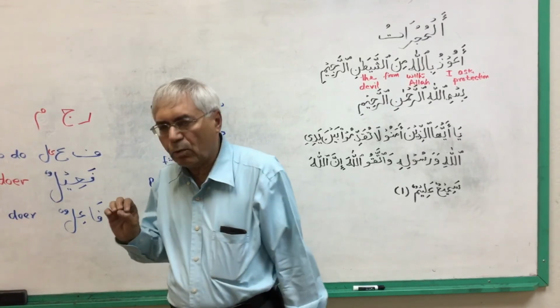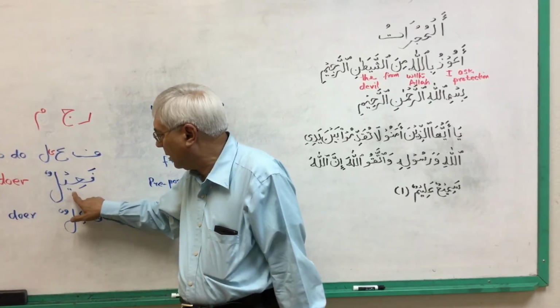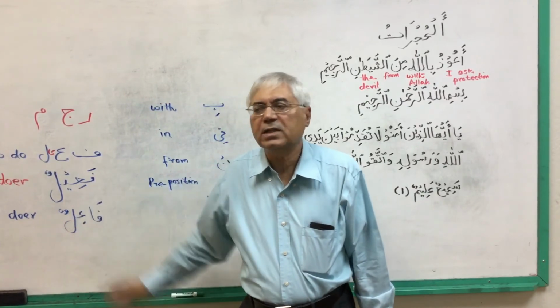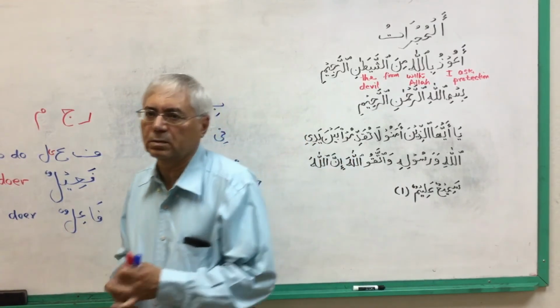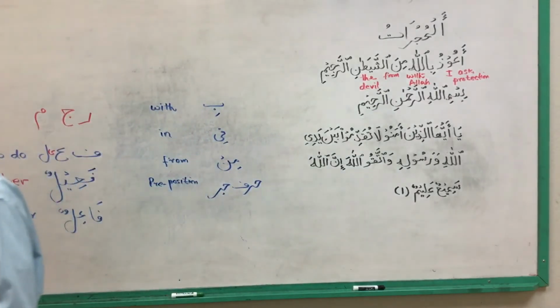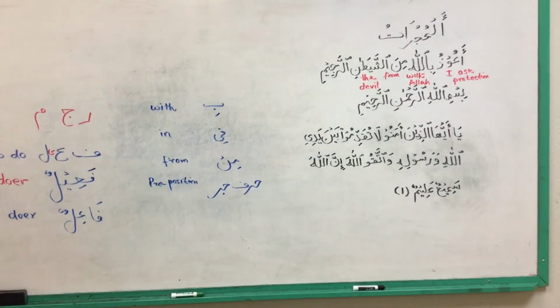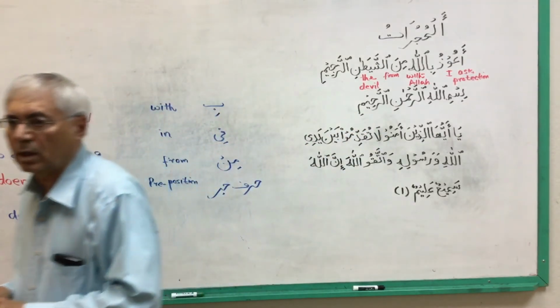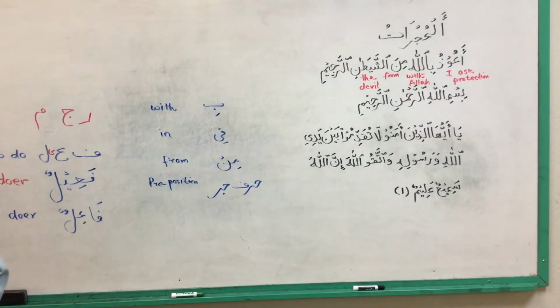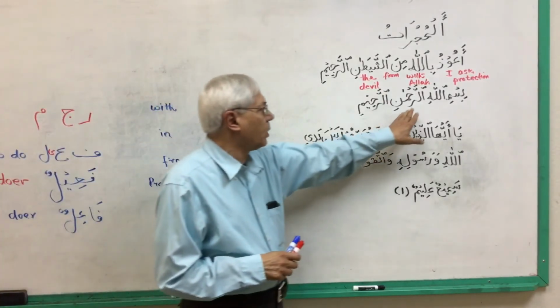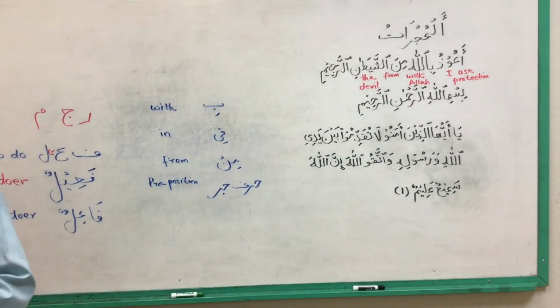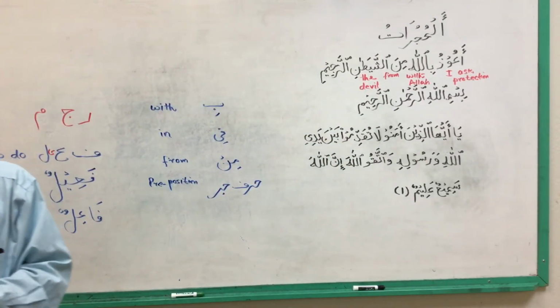So the rule is that whenever you create the word at this template, it has the intensity of action. When we recite Bismillahir Rahmanir Rahim, this word Rahim has the intensity in it. Intensity of Rahmat. And when we come here, we will see what is the meaning of Rahman. But Rahim has the intensity of the mercy and Rahmat in it.